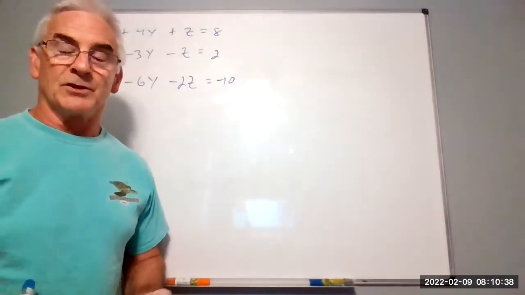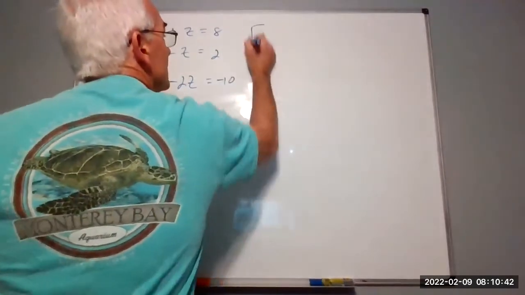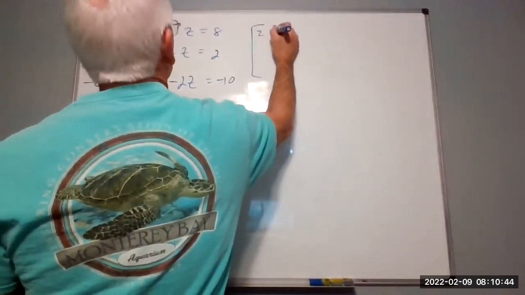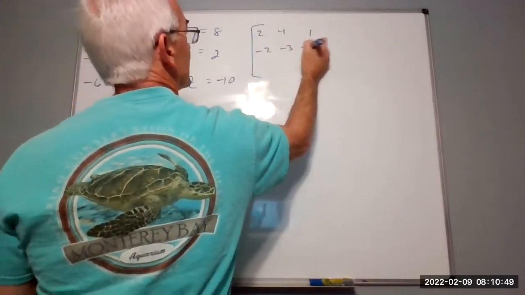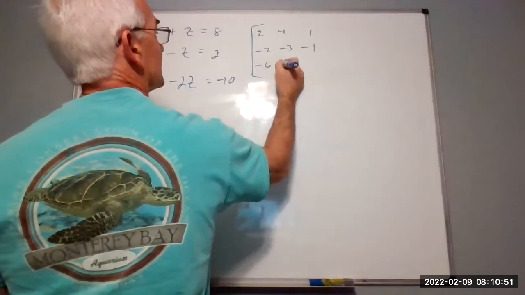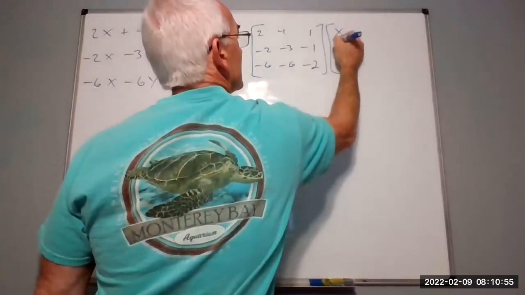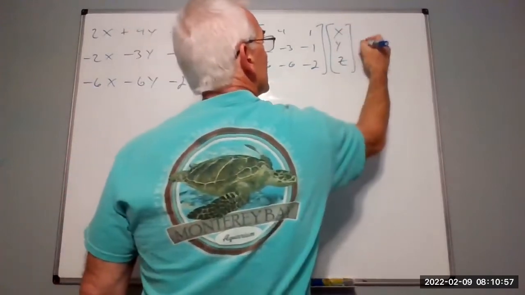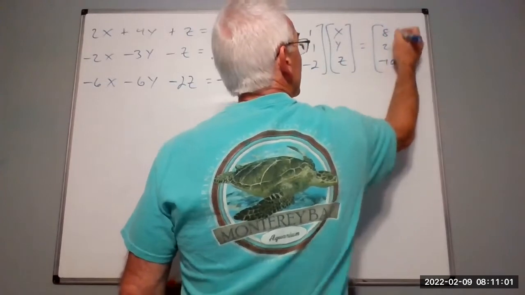So the first thing we're going to do is rewrite this as a matrix product. So put down 2, 4, 1, negative 2, negative 3, negative 1, negative 6, negative 6, negative 2, and 8, 2, negative 10.